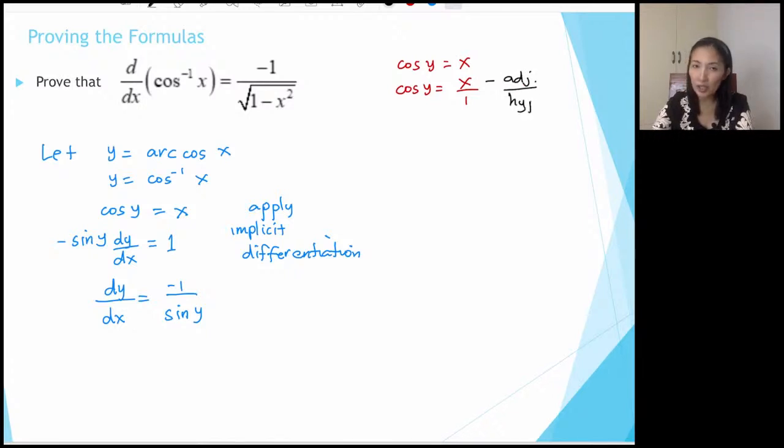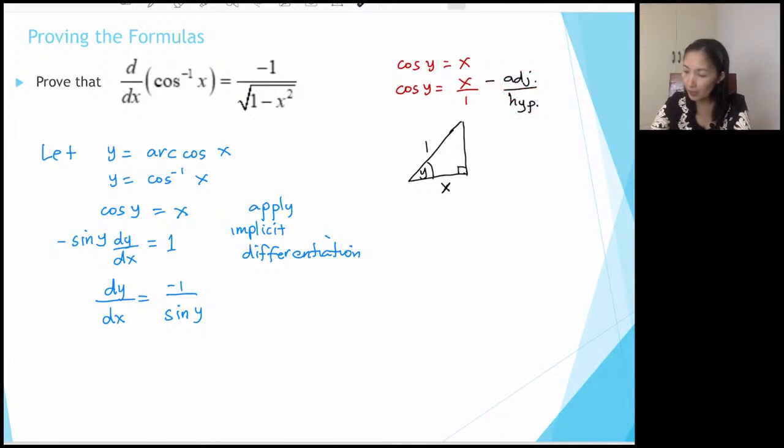If you draw your triangle once again, let this be the right triangle, this is the right angle. If we let this be the acute angle y, then which side is adjacent to angle y? This one. This must be x, and the hypotenuse must be 1.